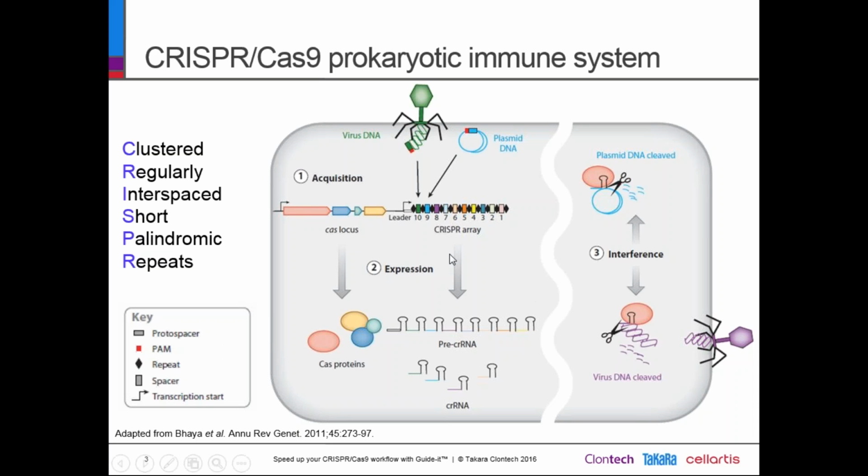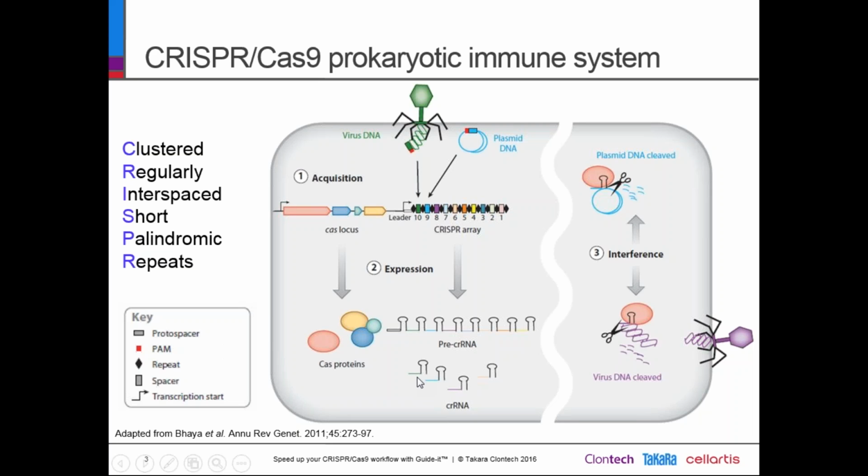Upon expression of the CRISPR array, short so-called pre-CRISPR RNAs will be produced, and those will be further processed into the so-called CRISPR RNAs. And as you can see here, each CRISPR RNA has one fixed sequence part which comes from the repeat arrays, and then one variable part which is from the foreign DNA piece.